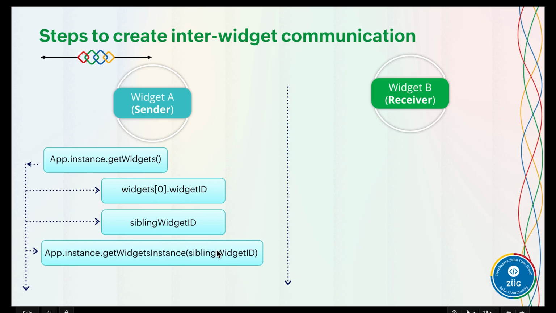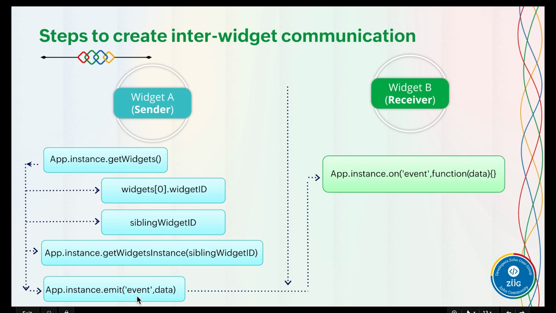And finally, once we have the widget ID and its instance, we will be using the app.instance.emit SDK method, wherein we will specify an event and pass the data in JSON format. Now widget B, being the receiver widget, will listen to this particular event using the SDK method app.instance.on.